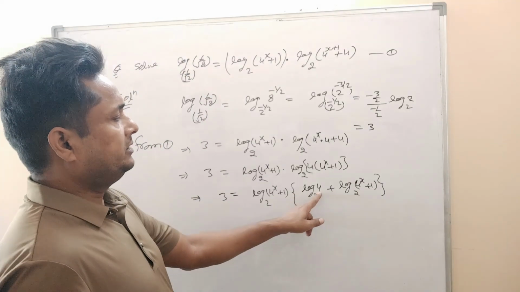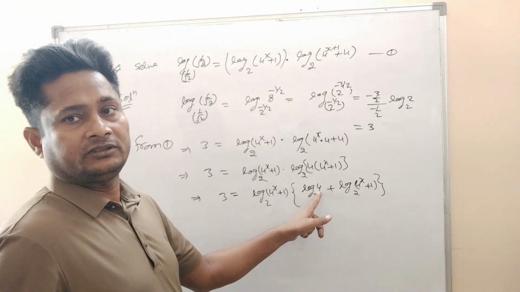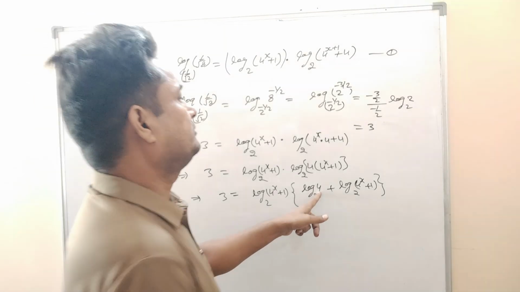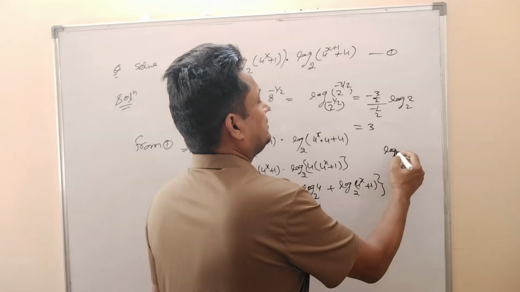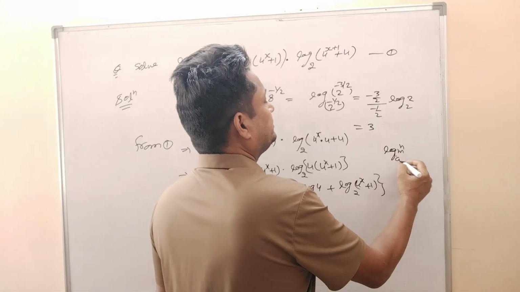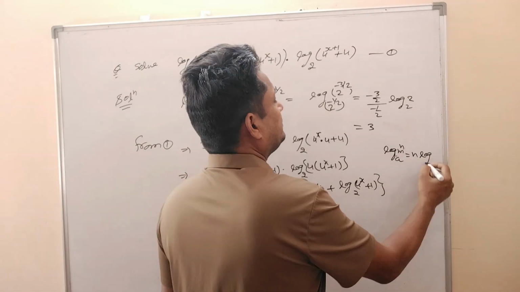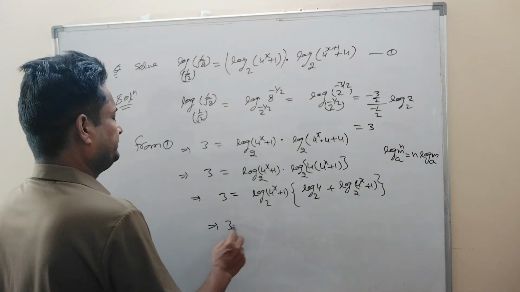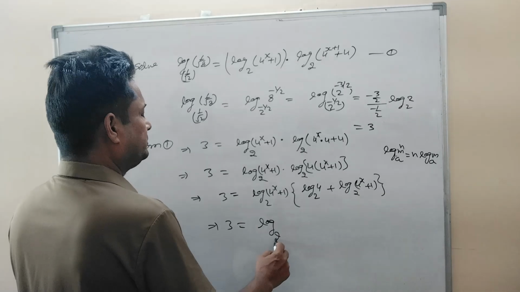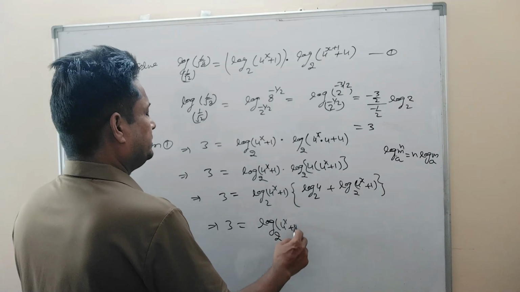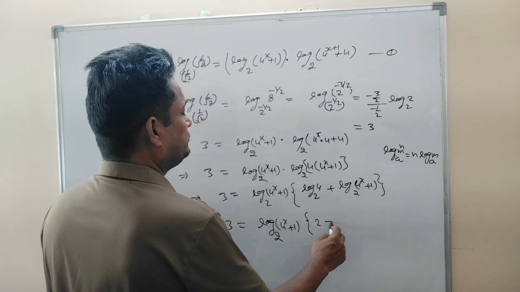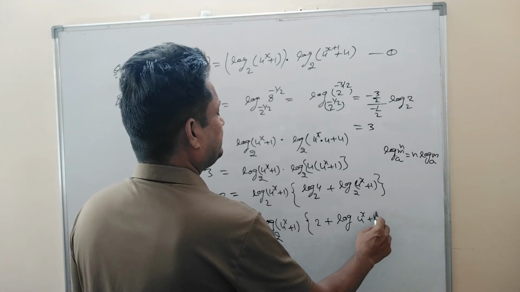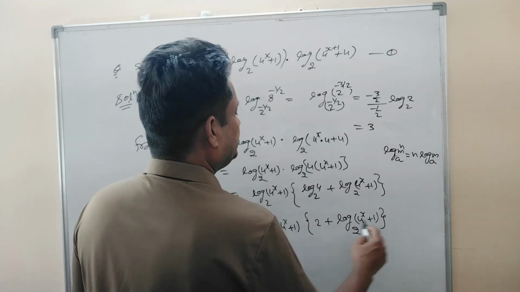And this will be written as what? 4 is written as 2 to the power 2, and use the second property. What is the second property? Log m to the power n base a will be equal to n times log of m base a. So this will be equal to how much? 3 is equal to log base 2 of 4 to the power x plus 1, and here it will be 2, plus log of 4 to the power x plus 1 base 2, right?